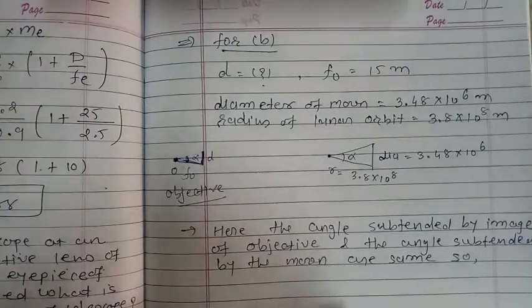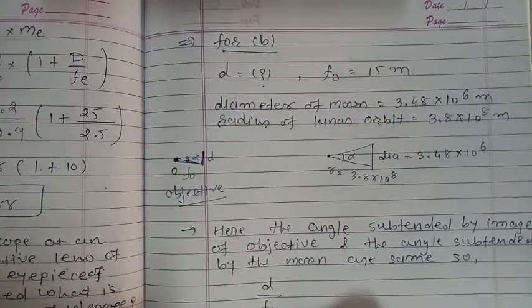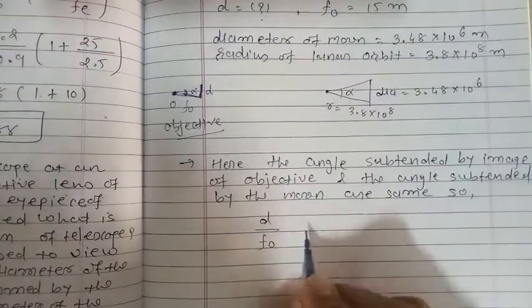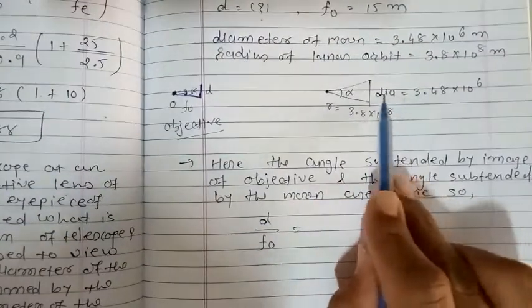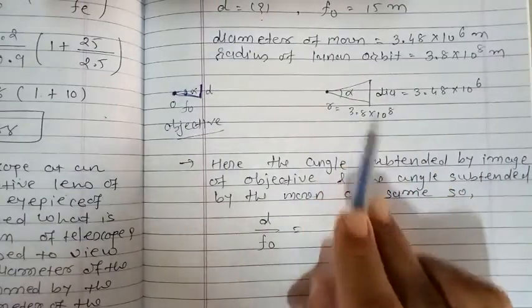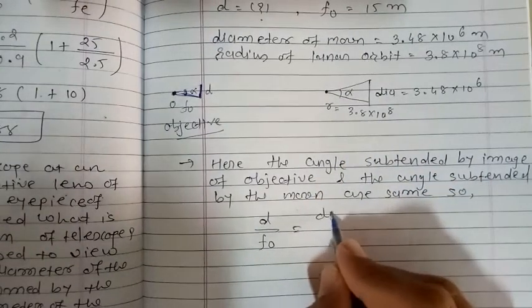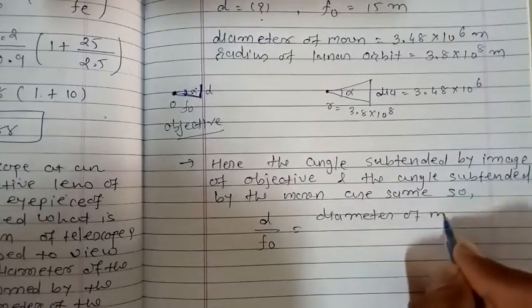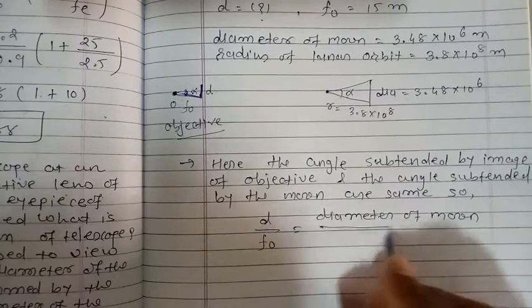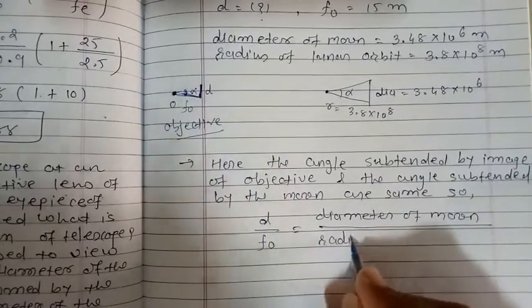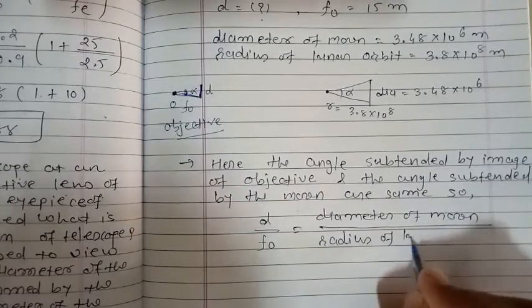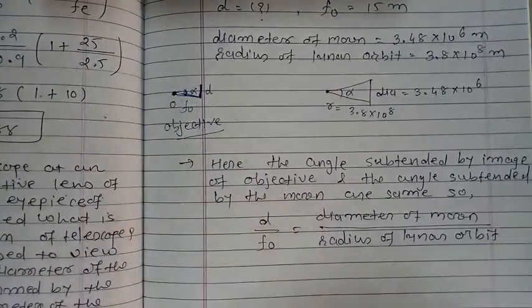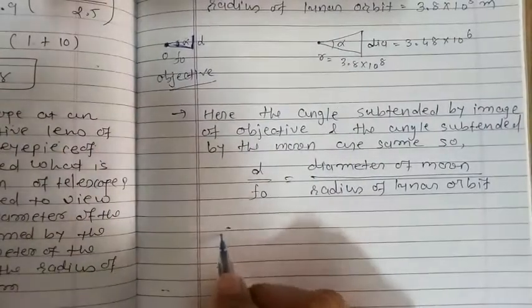So d by FO, where alpha is equal to d by FO, is equal to the diameter of the moon upon the radius of the lunar orbit. Now we have to find d.